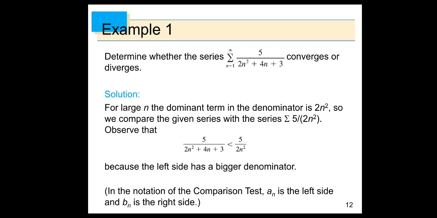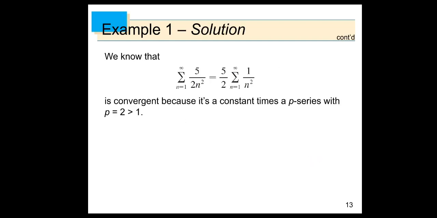We have to keep this in mind whenever we write our notation: a_n would be on the left side and b_n on the right side of our inequality.